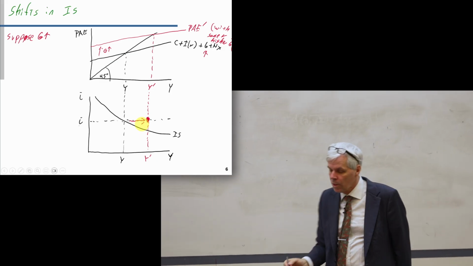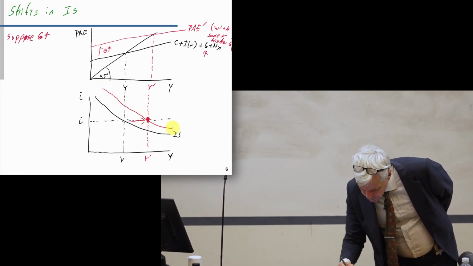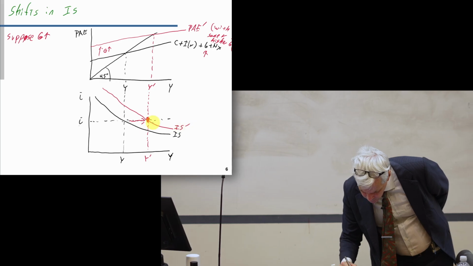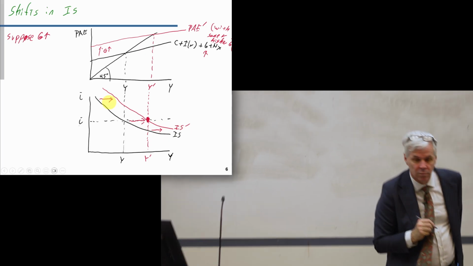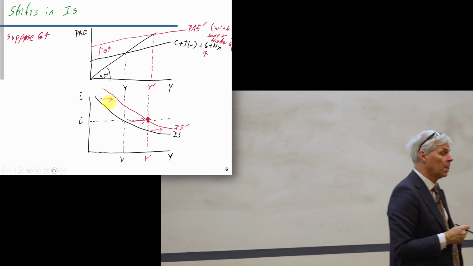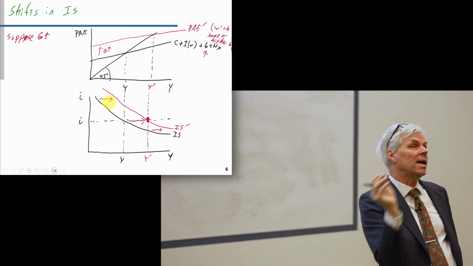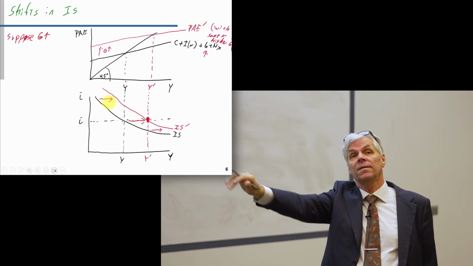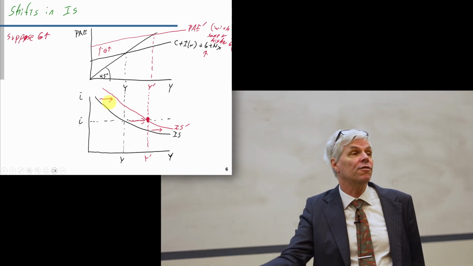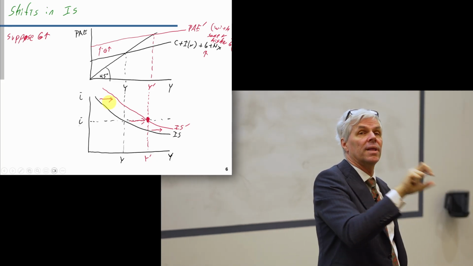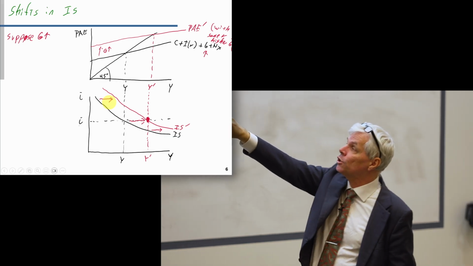And so the whole curve is going to shift to the right. That is, at any particular level of interest rate, people are now buying more stuff because the government's buying more stuff. And so there are more haircuts being given, and therefore there's a higher level of output that's in equilibrium in the goods market. So again, we're keeping interest rate the same.